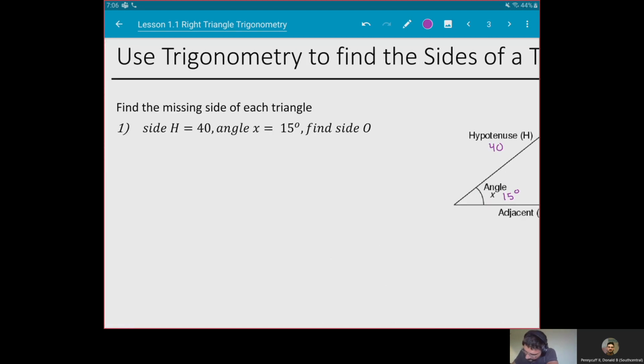So we've got sine X is equal to O over H. Cosine X is equal to A over H. And tangent of X is equal to O over A.